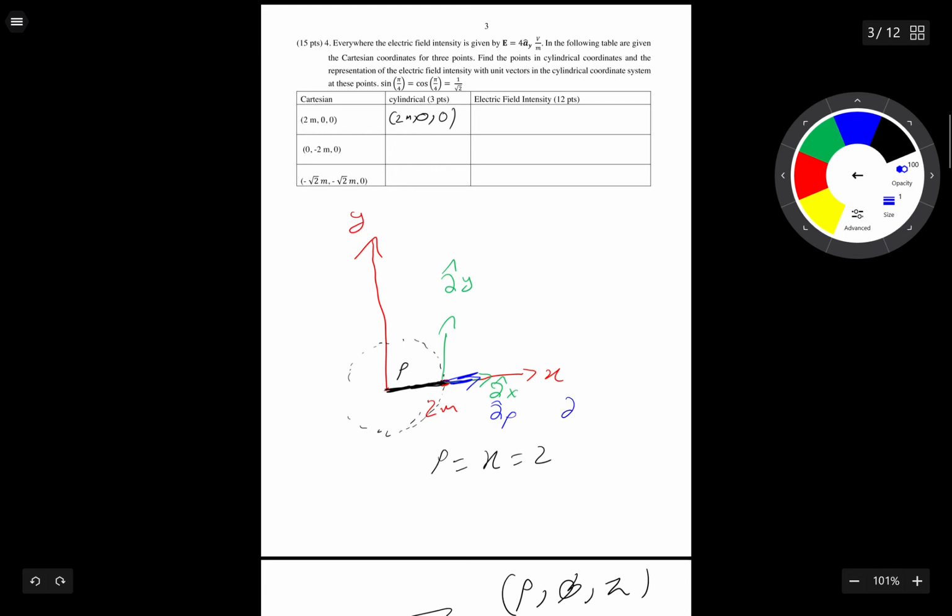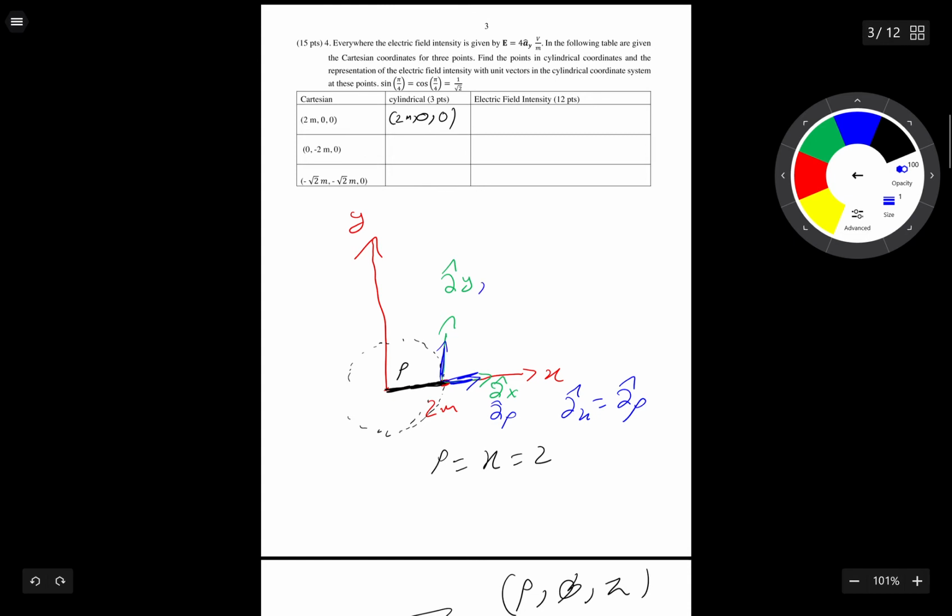So we can see that a sub x, our unit vector in the x direction, and our unit vector in the rho direction are in the same direction. So we can write this as a sub rho equals a sub x. Now, even though our angle itself is 0, if it was increasing, it would go like this, right? Until it goes to 2 pi. But at this specific point, it will be increasing in the same direction as a sub y.